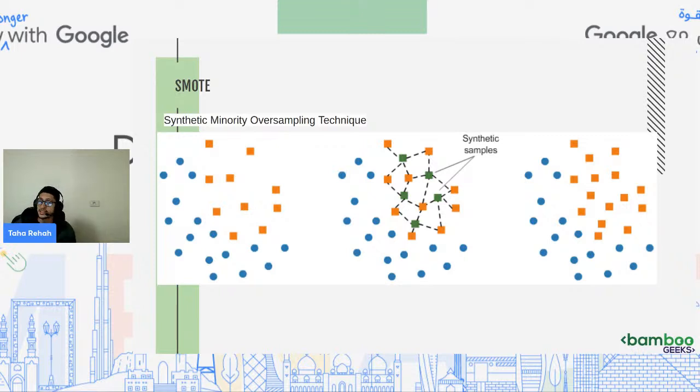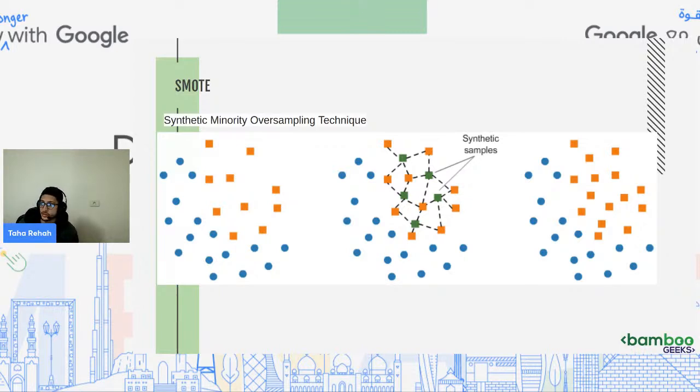It's done by generating synthetic points or synthetic data using the KNN algorithm, or the k-nearest neighbor algorithm, or algorithms like this. So it's going to generate new data points that do not exist in the data, and they are synthetically generated by the SMOTE technique.